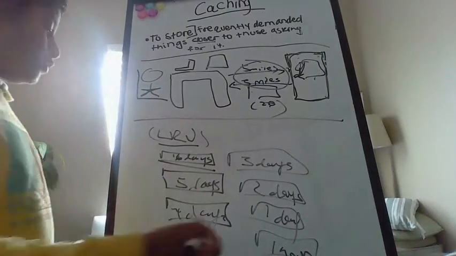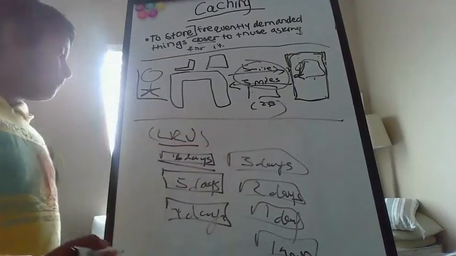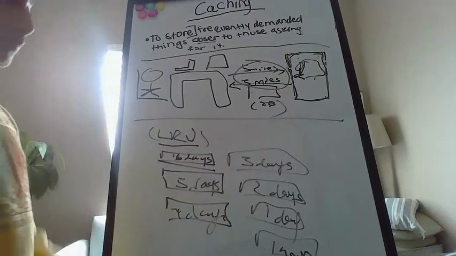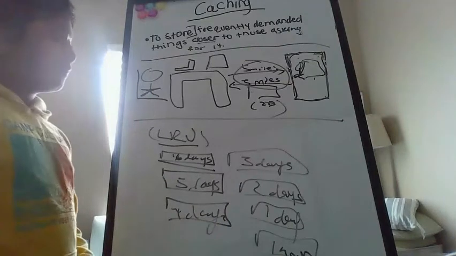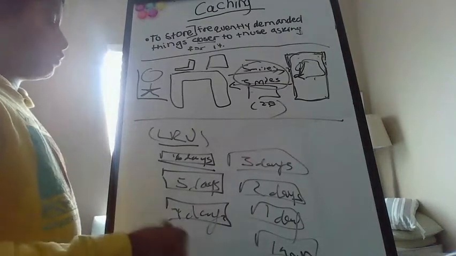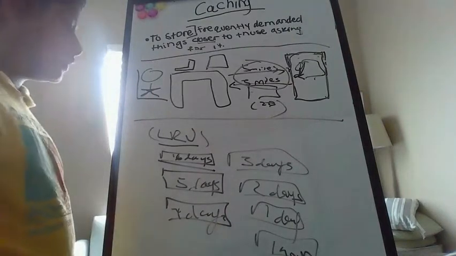So obviously we will just return the books that we don't need. But for a computer, an easy algorithm to do is just to see which one's the least recently used.